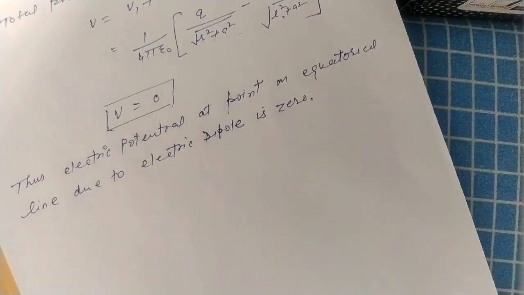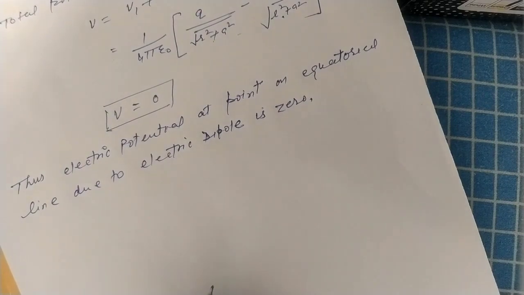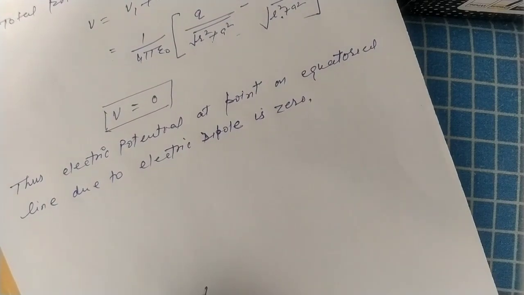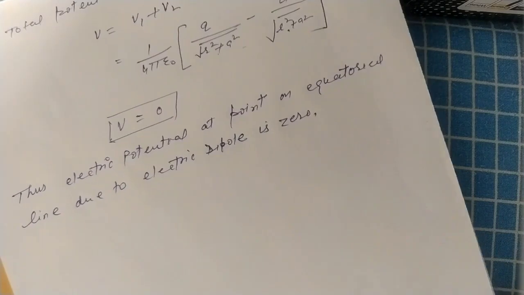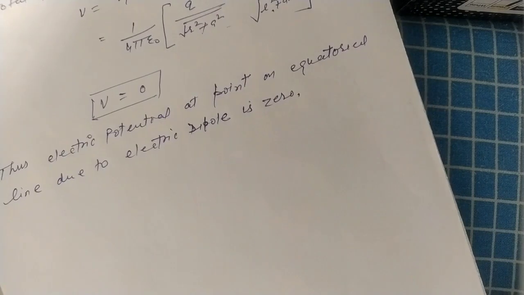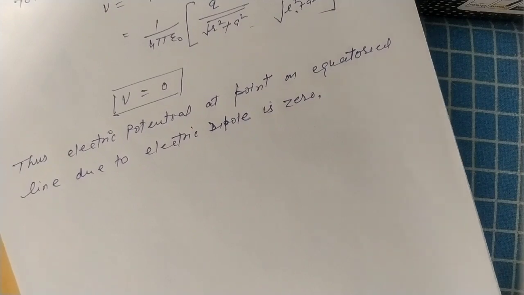Now we can calculate the electric potential due to an electric dipole at any point, not on the axial line or the equatorial line.